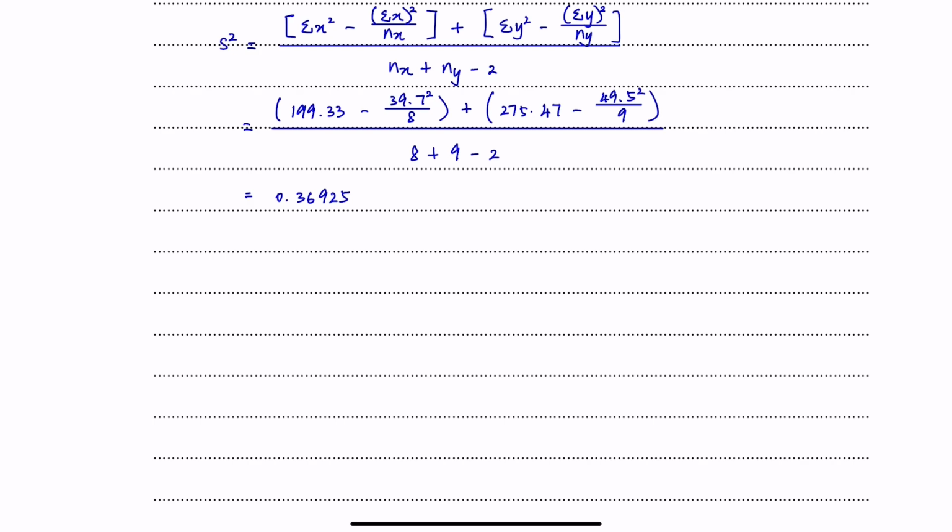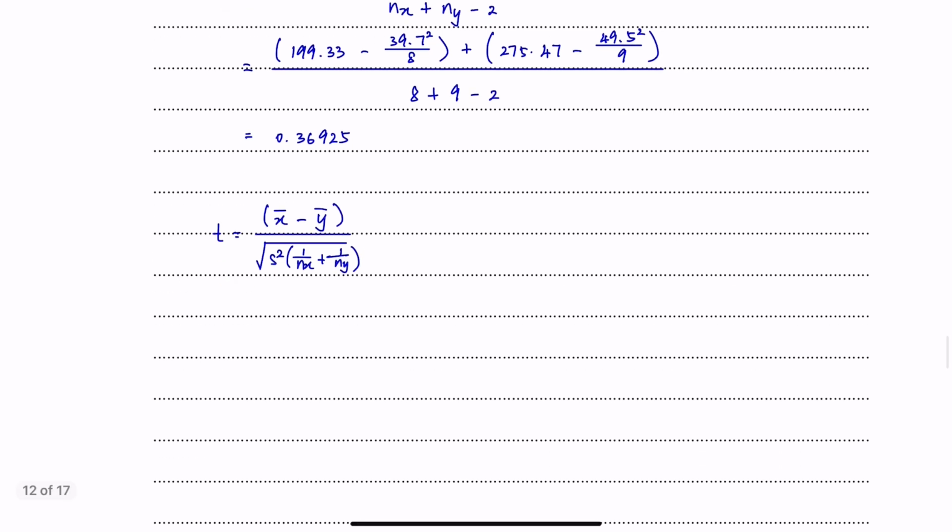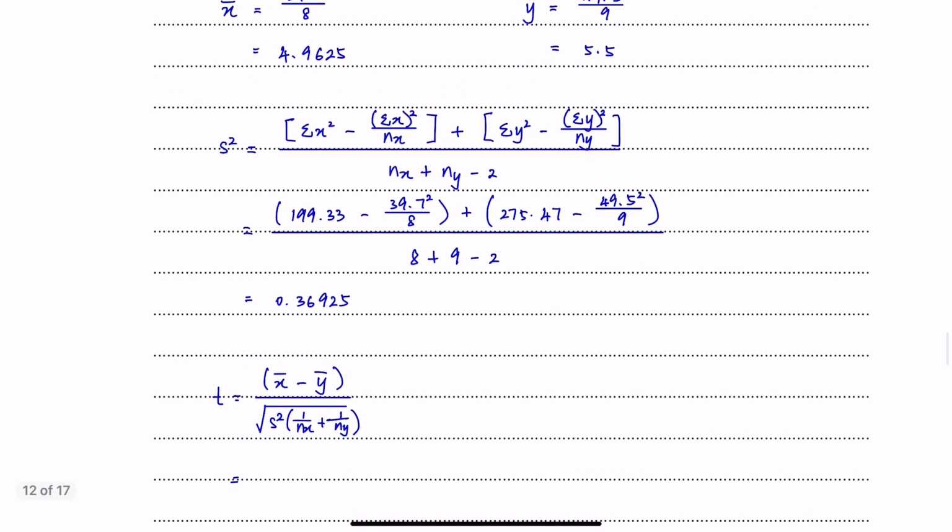And now we can find the test statistic T. The formula for T would be the sample mean of x minus the sample mean of y, divided by the square root of pooled variance times 1 over nx plus 1 over ny. And we can start subbing in the values.